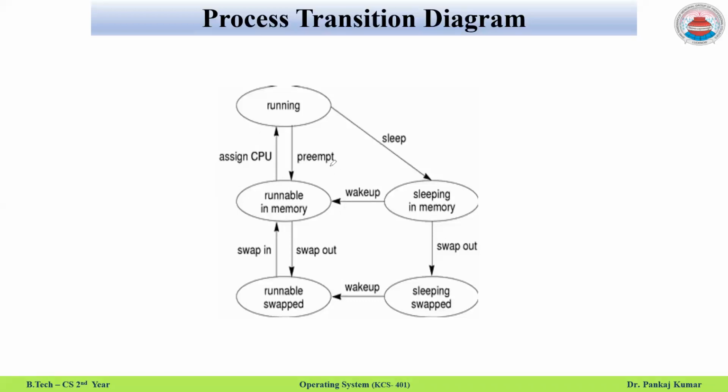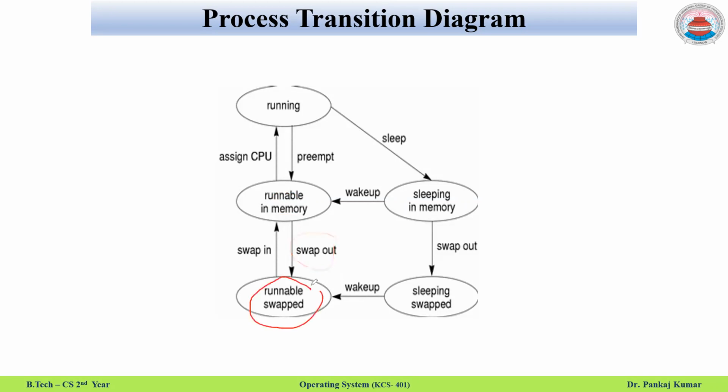So that particular process is moved from RAM to secondary memory to make space in RAM. Clear? That activity is called swap out. Means if any process which is in runnable condition is moved from RAM to hard disk, then it is called swap out.